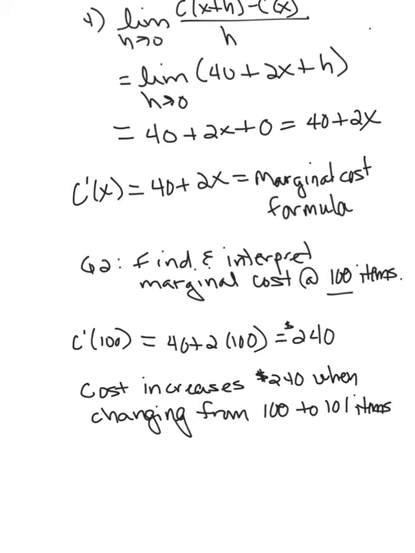So when you get your derivative, it's always telling you how we are changing at that number. So we are changing by $240. The total cost is not $240. The cost goes up by $240 when we switch from 100 to 101.